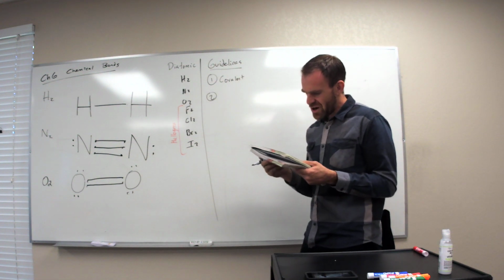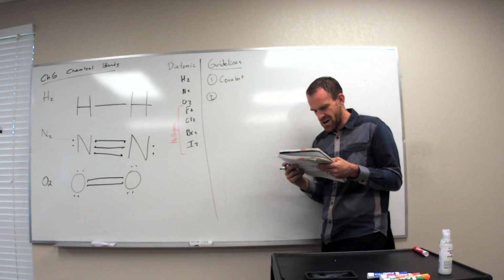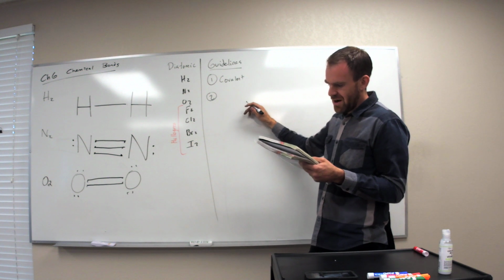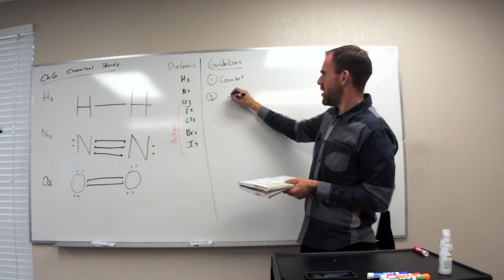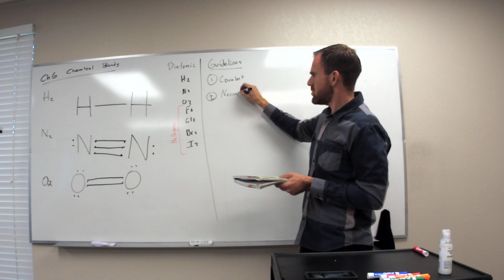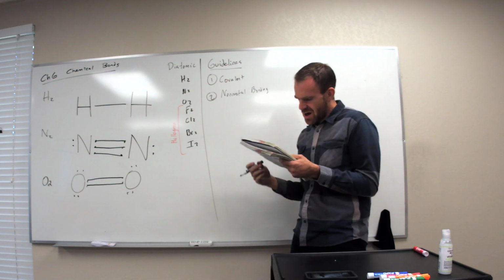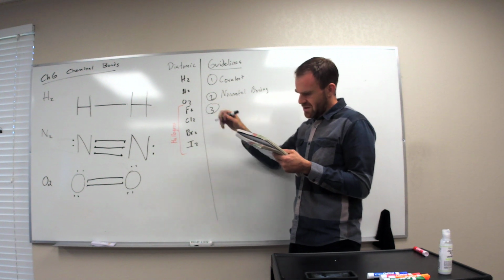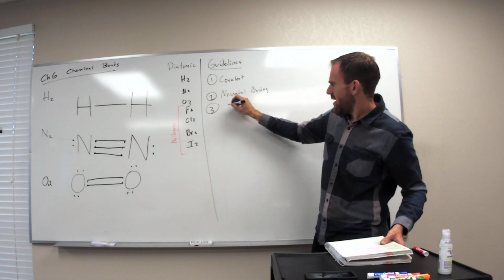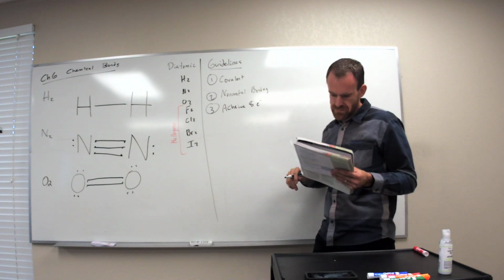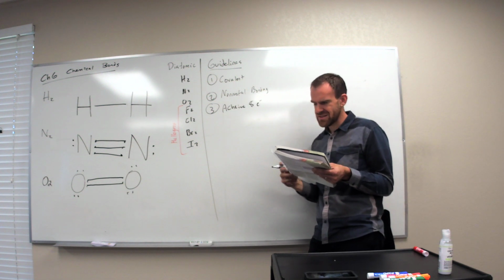Number 2, electron sharing occurs when one nonmetal bonds with another, or when two identical nonmetals bond. Each nonmetal generally forms covalent bonds to achieve 8 electrons. Okay, hydrogen is the exception.